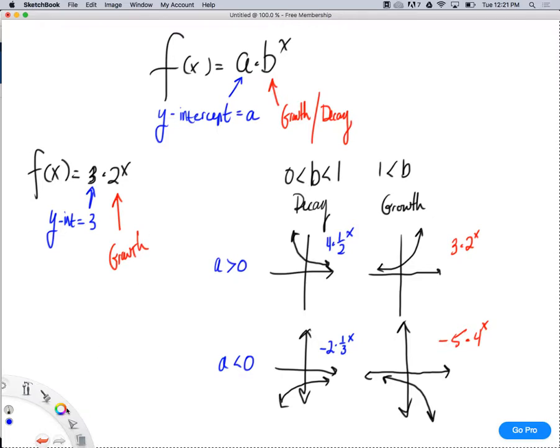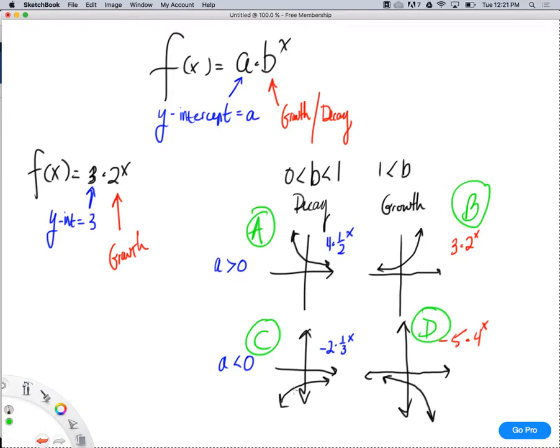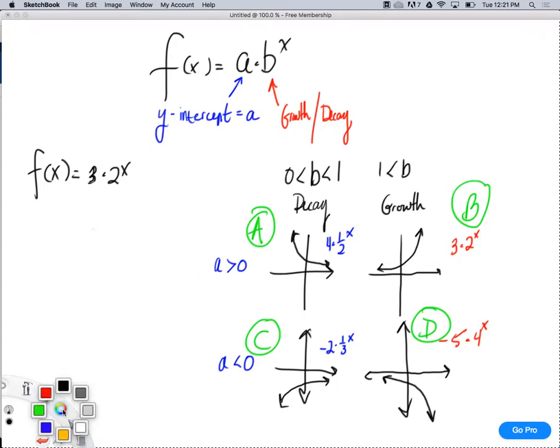Okay, let's practice this. Actually, let's do it a little different. Let's call this graph 1, 2, 3, and 4.